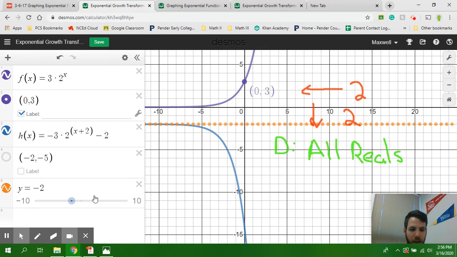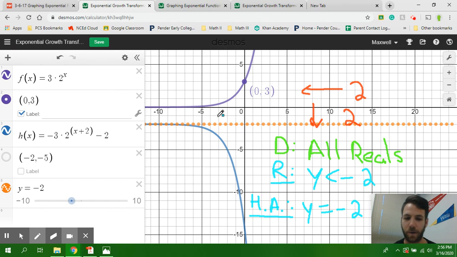So we could say, and we can write it here on screen, that our range, in this case, is going to be y is going to be less than -2. Our graph is upside down now. Y is less than -2. And our horizontal asymptote is going to be at y equals -2. We're not going to quite get there. We're going to level off at -2.